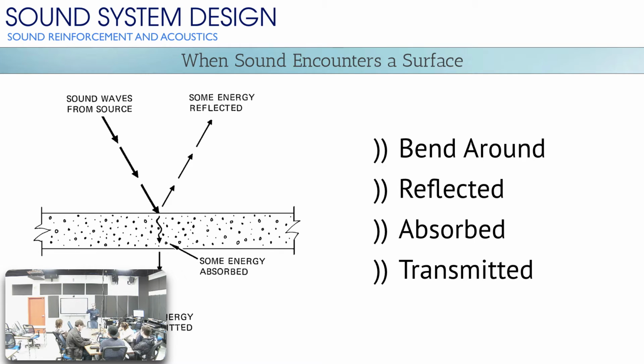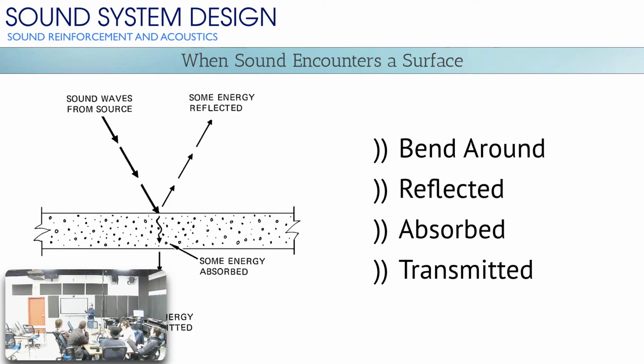Whereas if the object is very large relative to that wavelength, it'll be harder for the sound to go around it, but it will get around it eventually as long as it's of a finite size, okay? Meaning, as long as the wall doesn't go on forever, eventually the sound will find a way to get around it, okay? And we know that. It's very, very difficult to make a perfectly soundproof room, right? The sound will get out, okay?